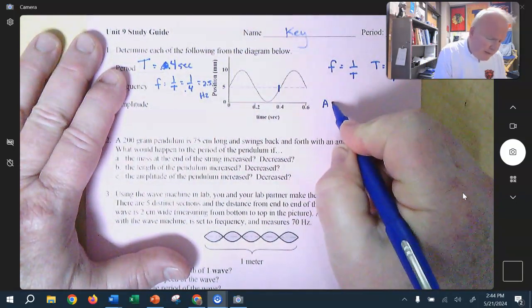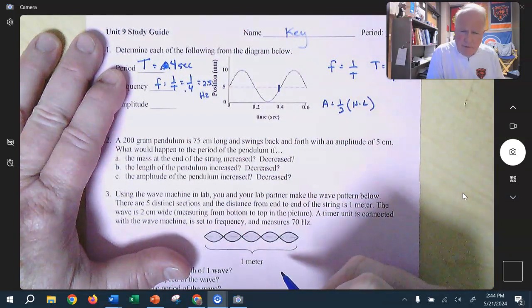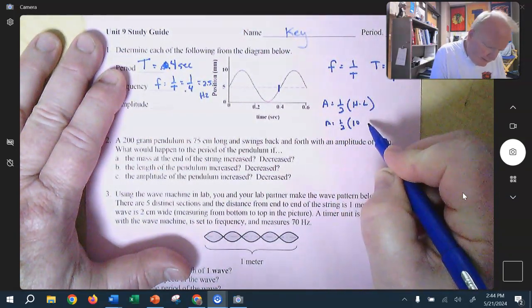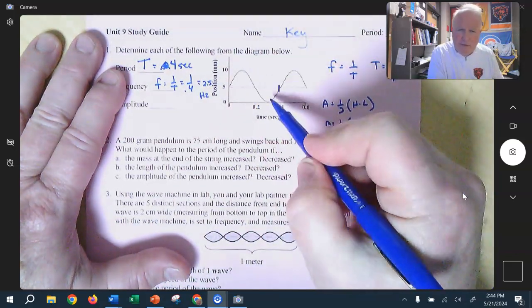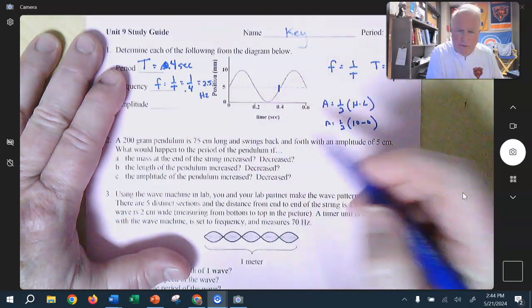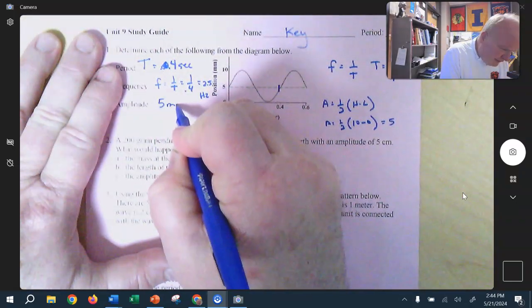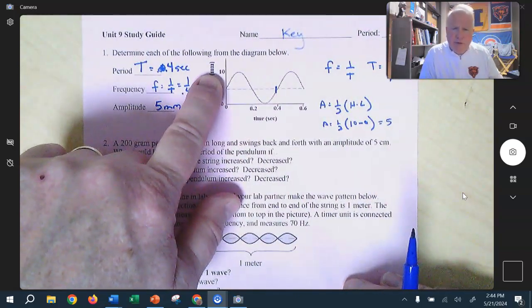Just remember that amplitude is always 1/2 the high minus the low. So amplitude is equal to 1/2 of 10 minus 0, because the high is 10 and the low is 0 on this y-axis, and then we get 5. So the amplitude is 5. I think it's in millimeters because it's in millimeters right here.